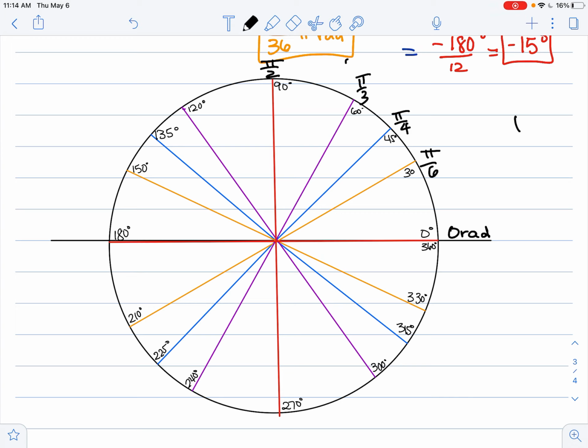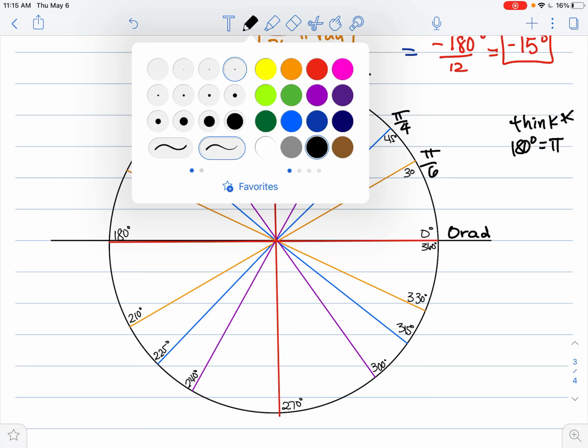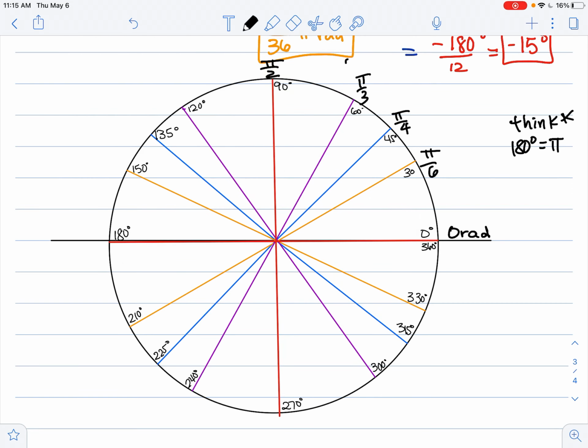Now keep in mind, if you think that 180 degrees equals pi, then those fractions of getting to 180 is easier to look at those as a fraction of pi. 120 degrees is really 2 pi over 3. 135 is 3 pi over 4. 150 is 5 pi over 6. And 180 degrees is equal to pi.